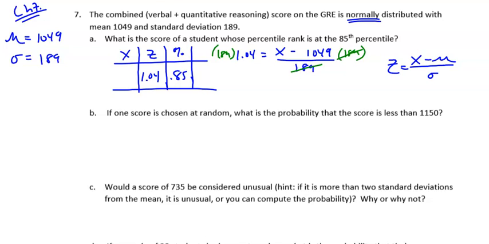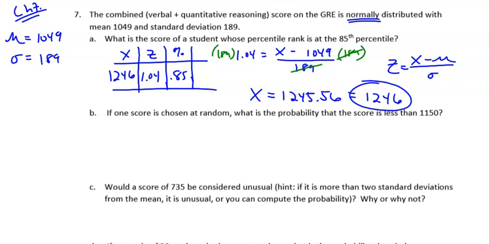So my calculation would be 189 times 1.04, and the last step of algebra is to add 1049. I get x equals 1245.56. If I really want to get an 85th percentile, 1245 would be just a little under, so I just round that up. 1246, and that's my answer.